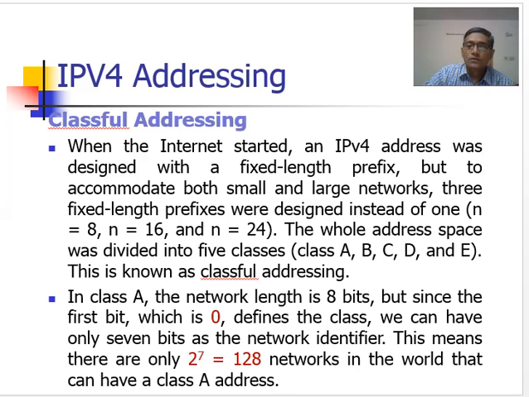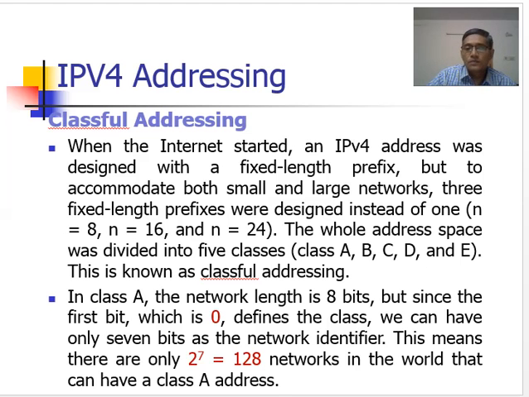Now we will go into detail on how to identify which particular IP address falls in which class. In class A, the network length is 8 bits. As I have already said, the IP version 4 address has 2 parts: the network part and the node part.